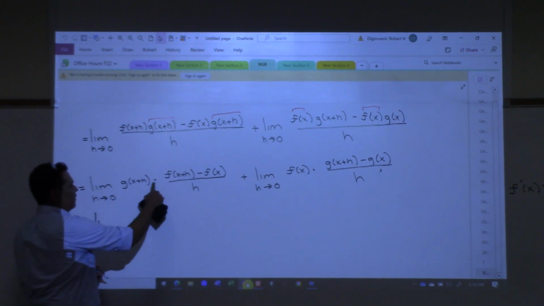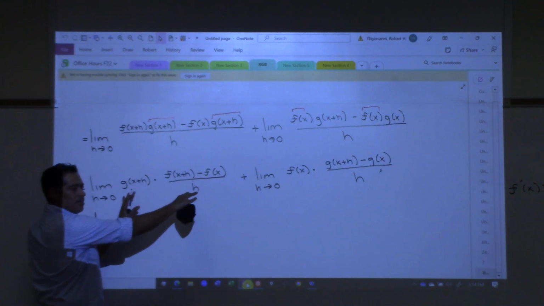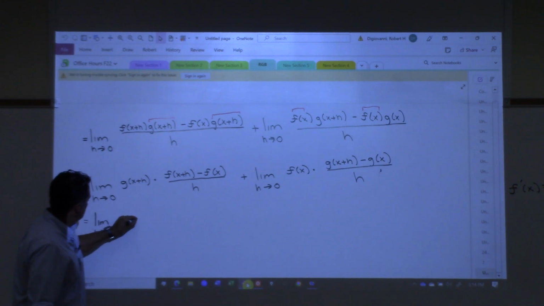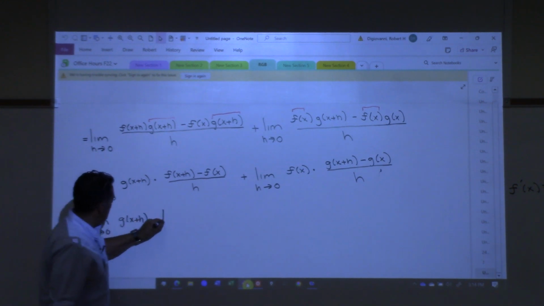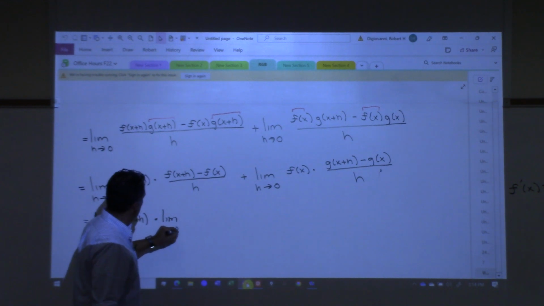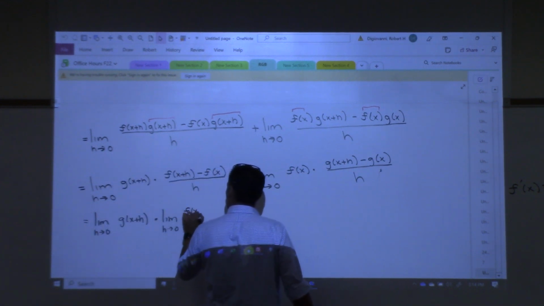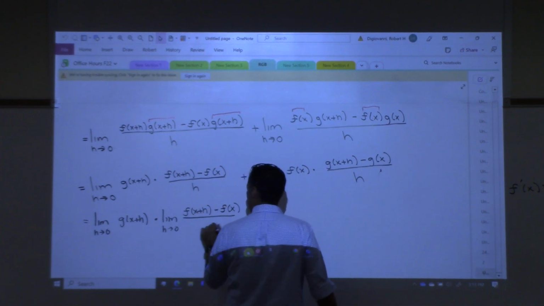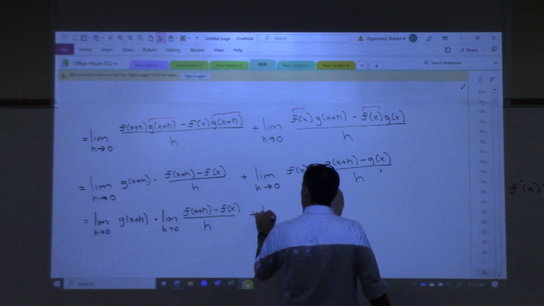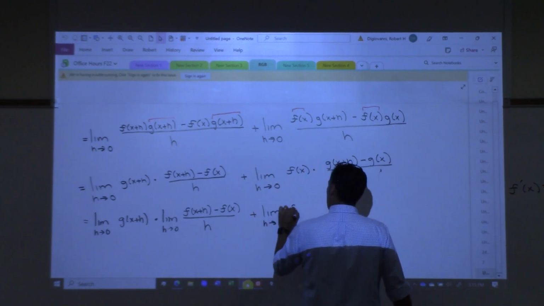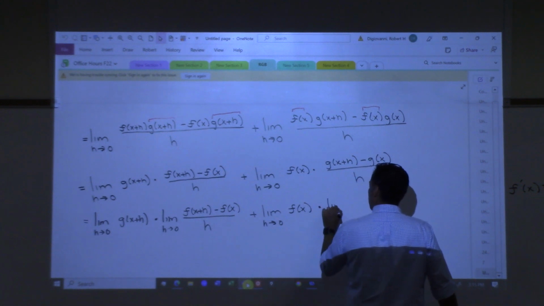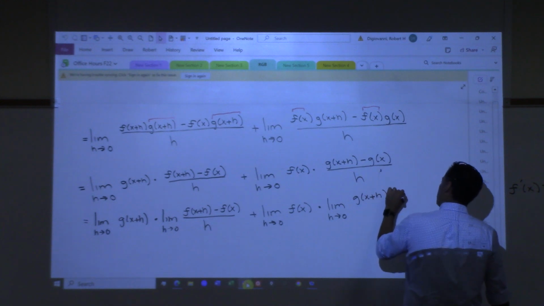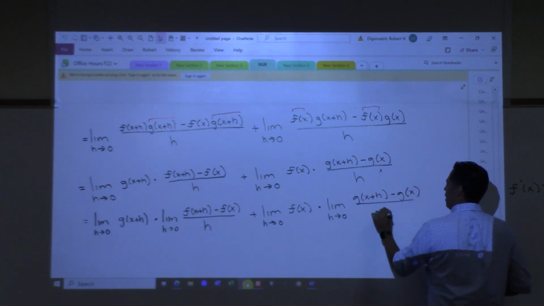This is a limit of a product, right? I have multiplication. I can do the limits separately. So this is limit as h goes to 0 of g of x plus h, times limit as h goes to 0 of f of x plus h minus f of x all over h, plus limit as h goes to 0 of f of x times limit as h goes to 0 of g of x plus h minus g of x all over h.